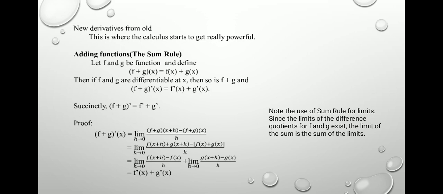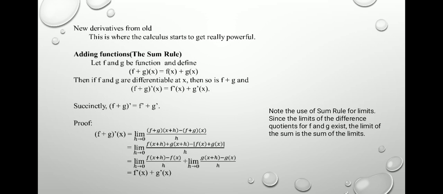We have here the new derivatives from old. This is where the calculus starts to get really powerful. First is the adding function, or the sum rule. Let f and g be functions and define the quantity (f plus g) of x as f of x plus g of x.